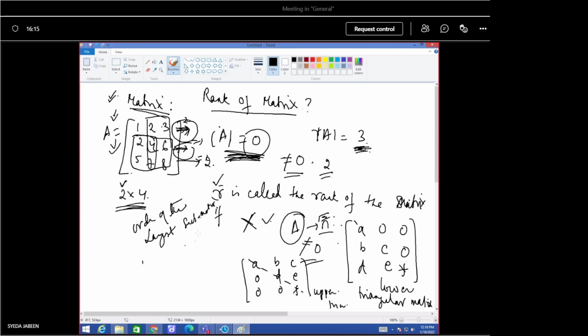Another answer? Okay, you can guess, because the same answer lies in the previous definition which I have explained. You can think over it. Again, I will come back over here. And the minor will be 0, determinant of minor. Yes, you're right. So he gave the answer.